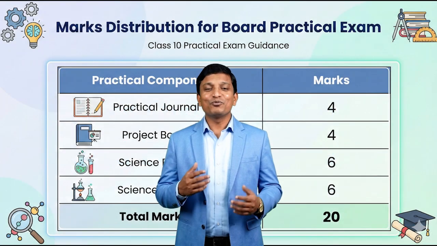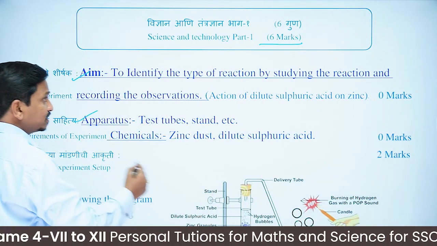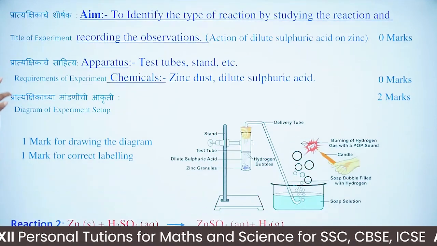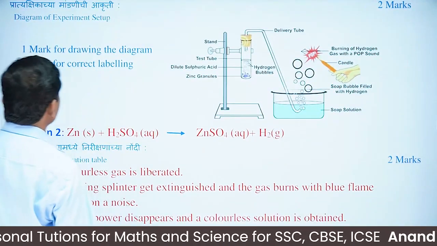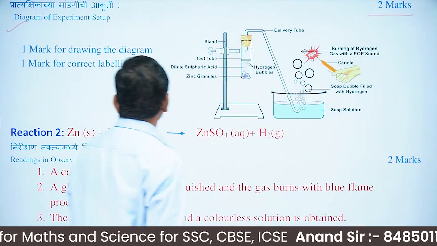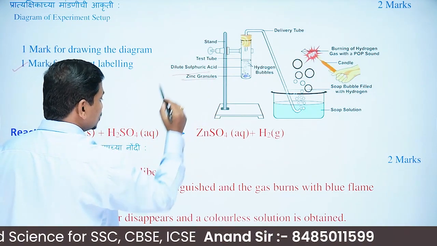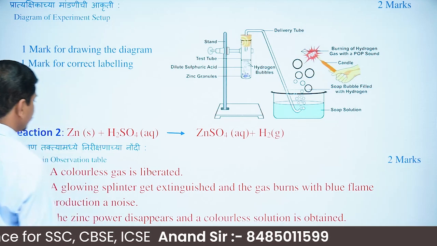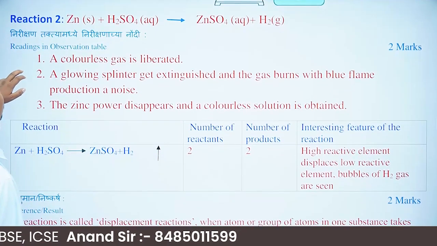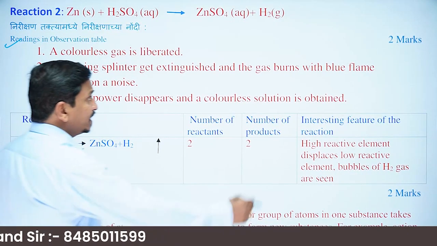Actual marks distribution for board practical exam. For this experiment, you will get 6 marks. For aim and apparatus, you will not get any marks. For diagram, you will get 2 marks. 1 mark for drawing the diagram technically correct. For labeling any 2 apparatus, you will get 1 mark. For observation, you will get 2 marks.